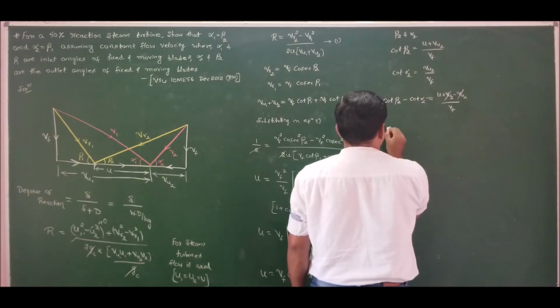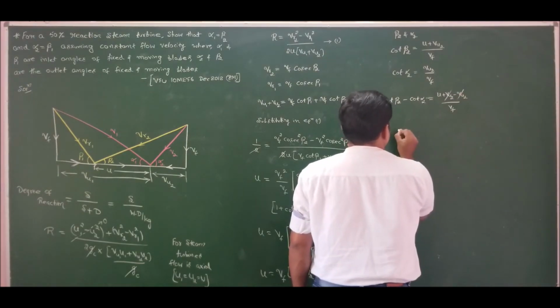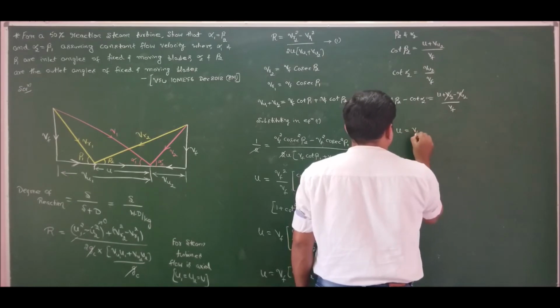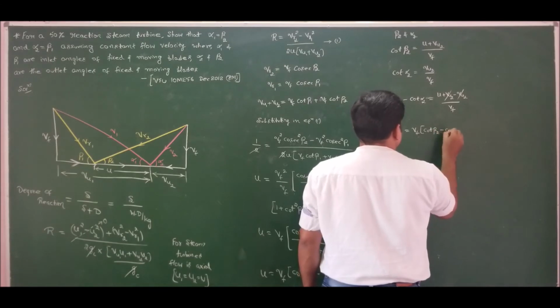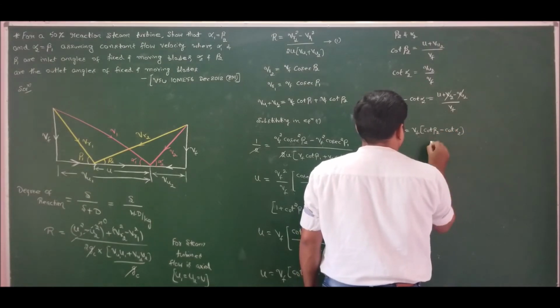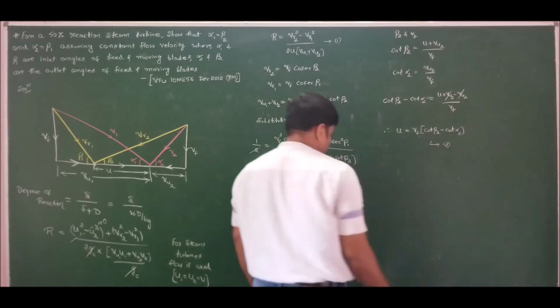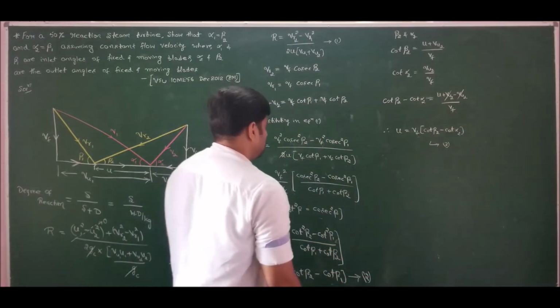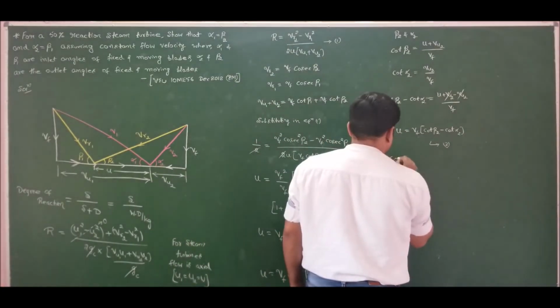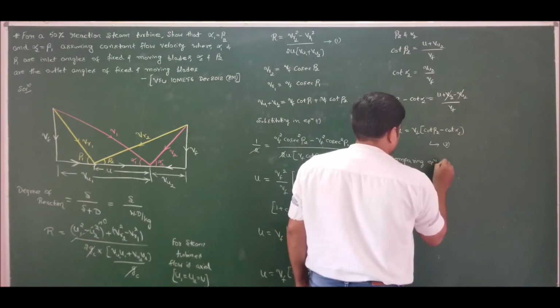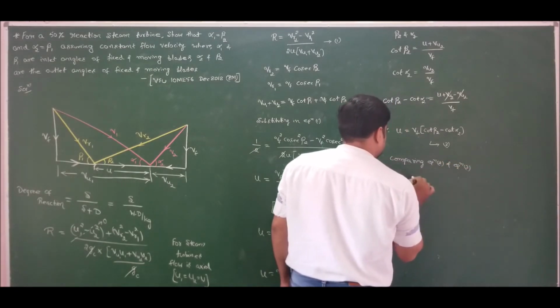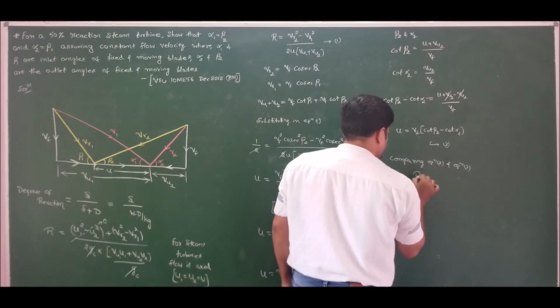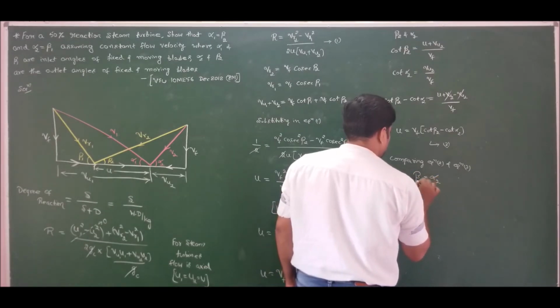So u is equal to Vf of cot beta 2 minus cot alpha 2. Take this as equation 3. Now compare equation 2 and 3. Comparing equation 2 and equation 3, I can write beta 1 is equal to alpha 2.